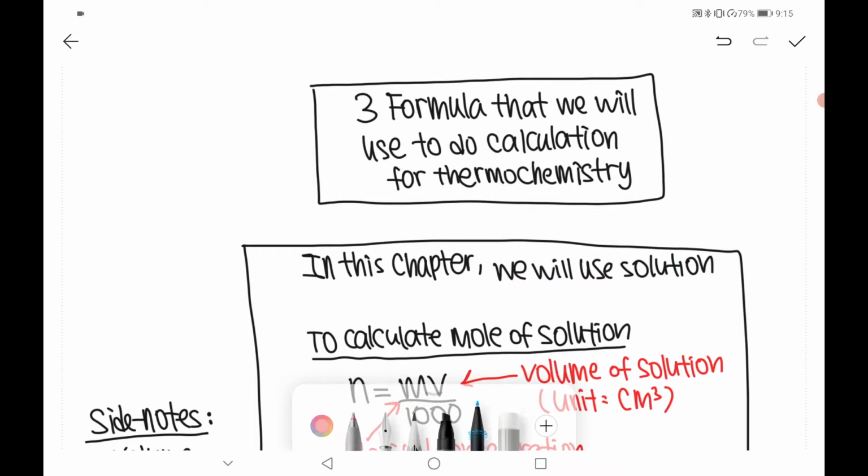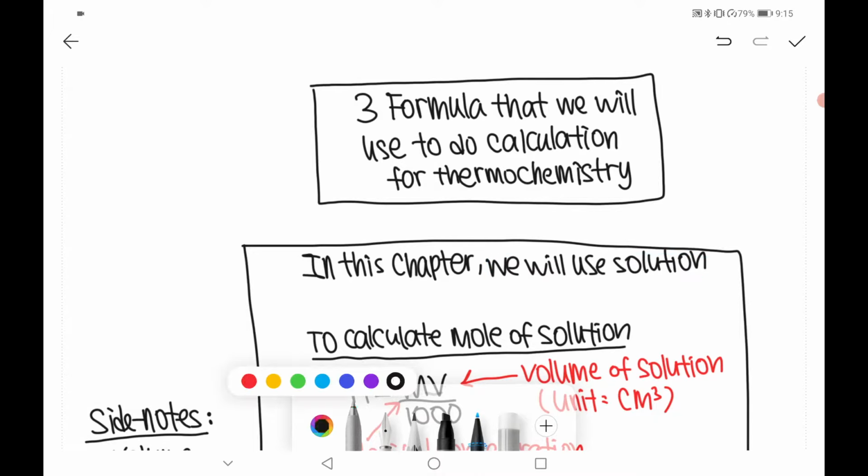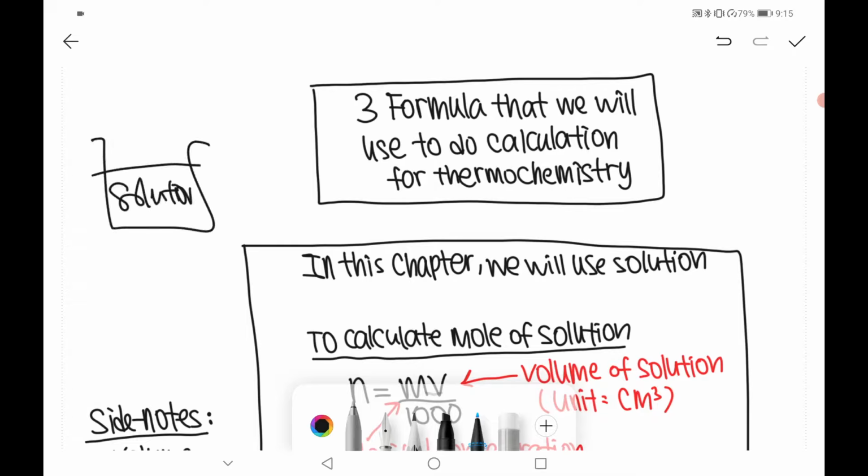We will be given a lot of liquid, so you must know how to calculate the mole for a solution. You learned this in your Form 4 chapter 6.